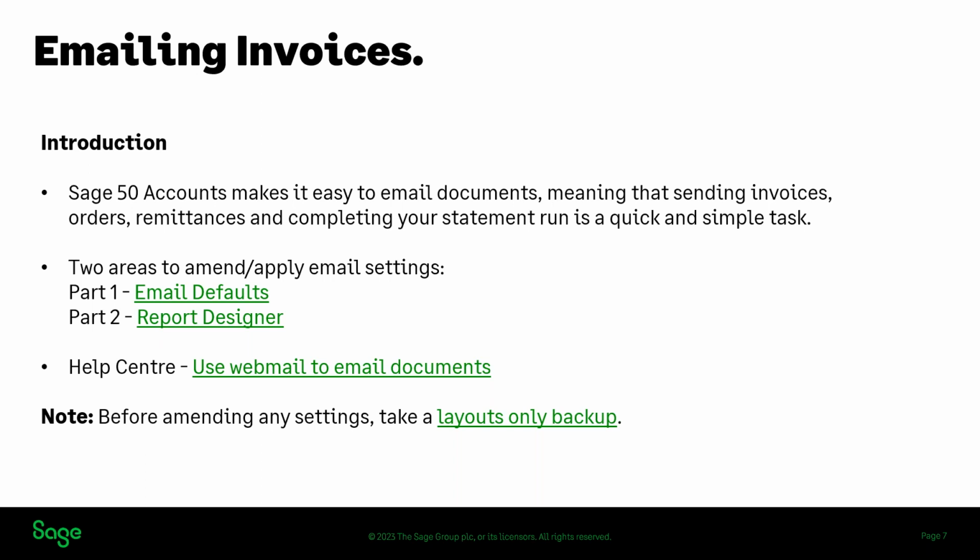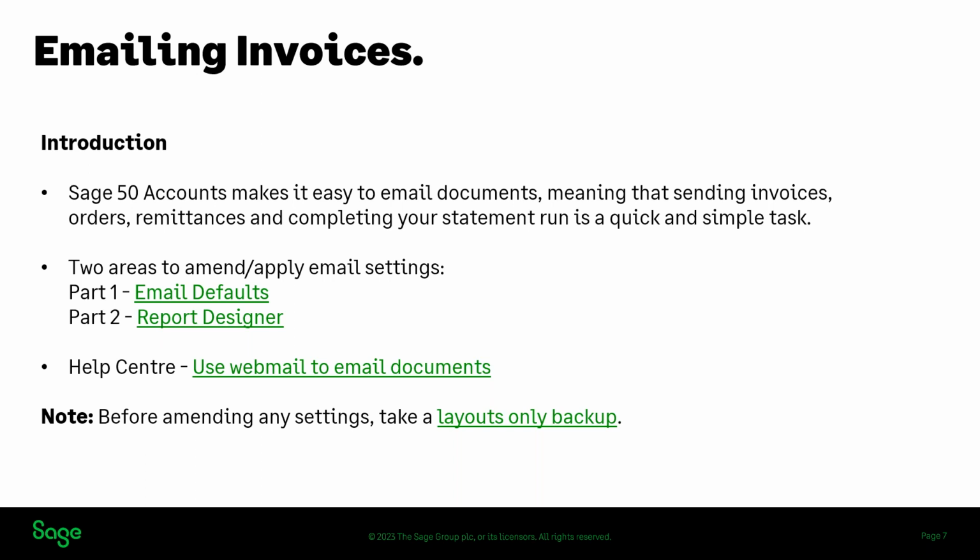If you put in the wrong email settings and it's just not working how you had it, or you went in to tweak it and the settings don't work how you need them to, you could restore prior to making that change. So take a layouts only backup. I can't stress that one enough.